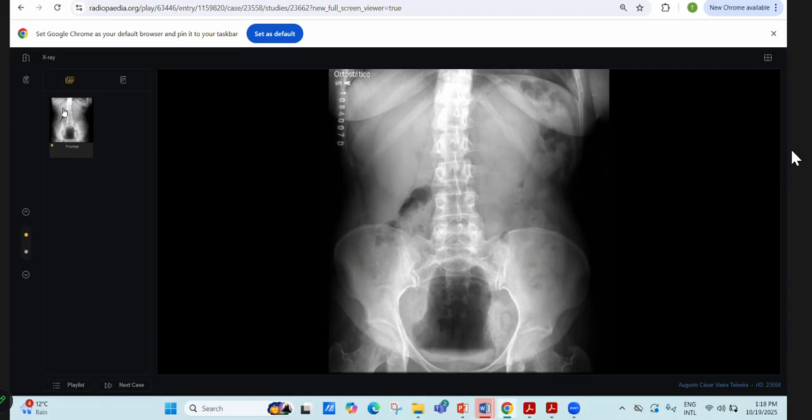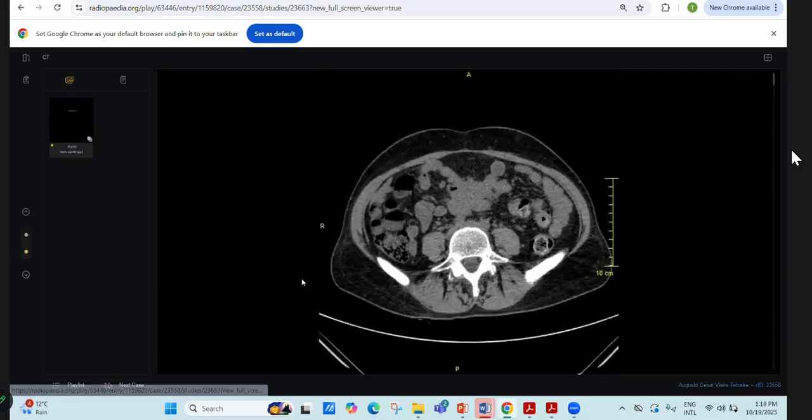I cannot see any air within the renal shadows or pelvicalyceal system. However, there is air within the bladder, which suggests infection with gas-producing organisms and emphysematous cystitis. I would correlate my finding with the ultrasound. There is also some thickening along the pelvis.